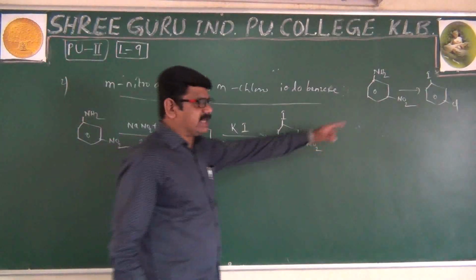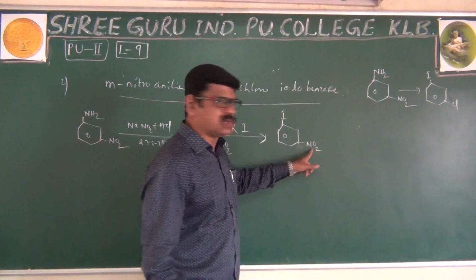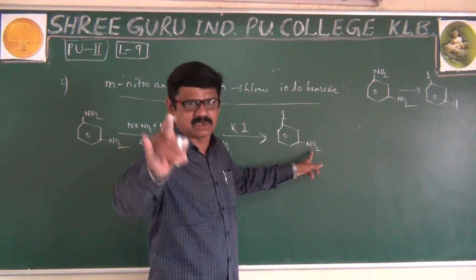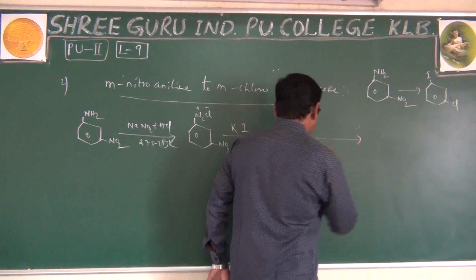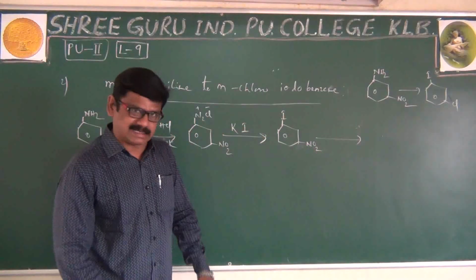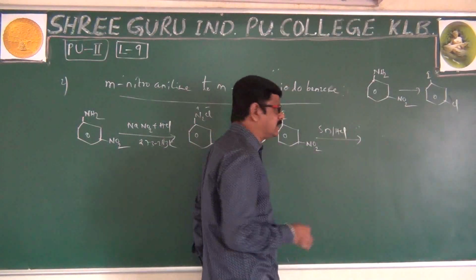But our final answer should be metachloroiodobenzene. This NO2 should be replaced with chlorine. How is it possible? Very simple. Next, this NO2 group we have to reduce again. For that purpose, we will use Sn and HCl.